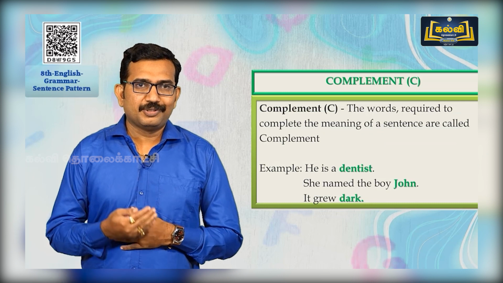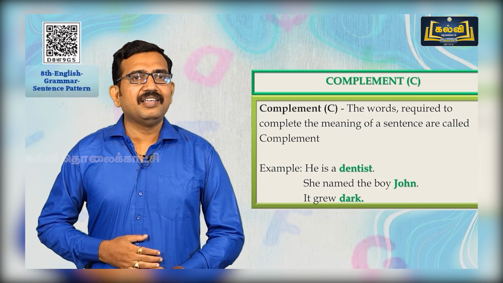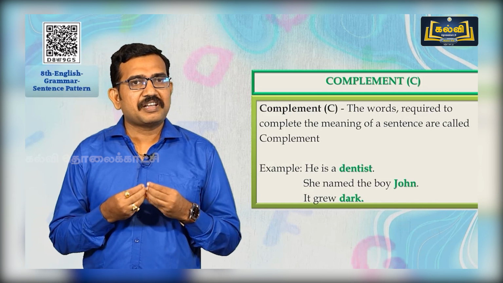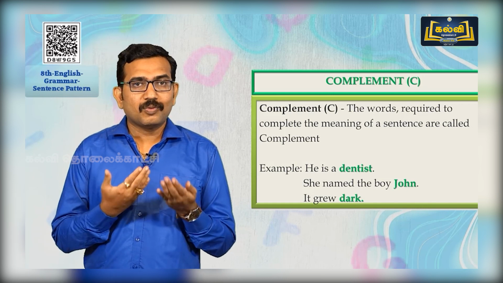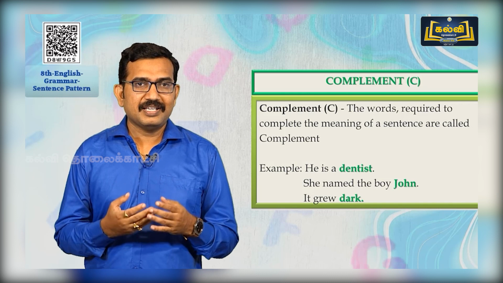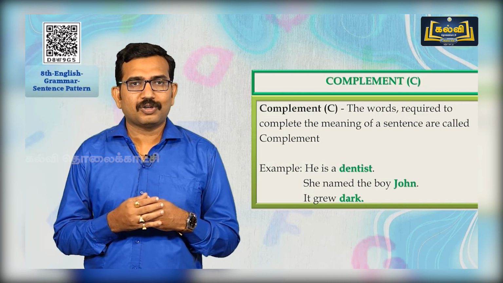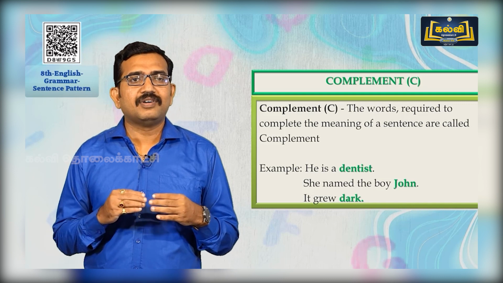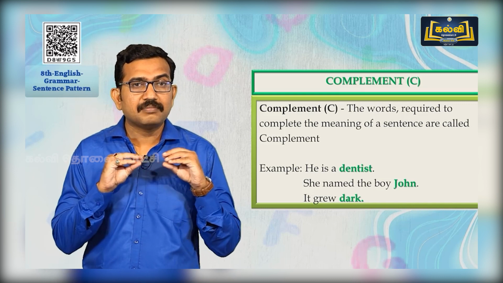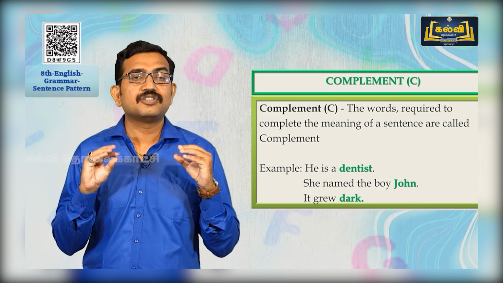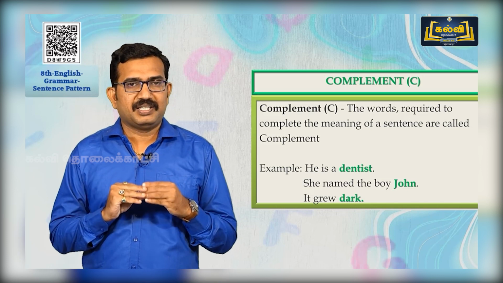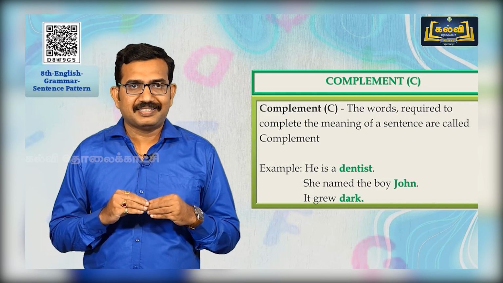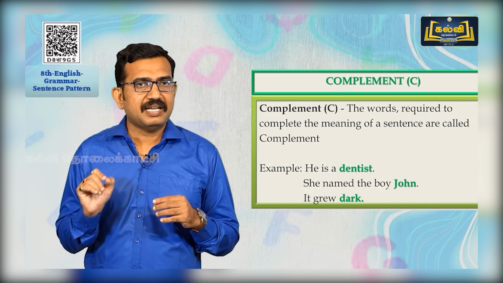Next we'll move on to the complement. Generally, if we think of the word compliment, it's a tip like you're good, you're nice, you're smart. So I'm giving you a complimentary word. So here complement means the words required to complete the meaning of a sentence are called complements. Say for example, he is a dentist.